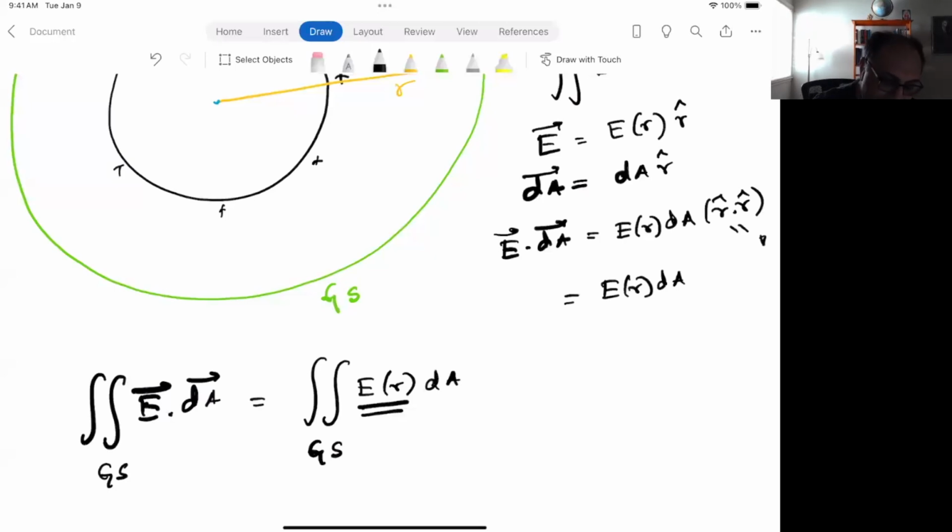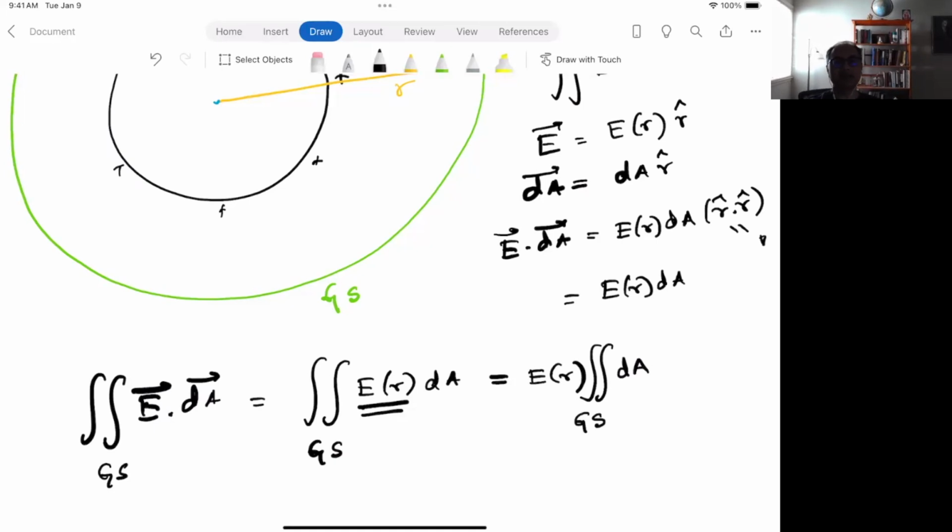Because we are evaluating it over the surface of a sphere, I can just pull out the E of R because it has a fixed value for that particular R. So it's a constant as far as this integral is concerned. I can just pull it out. And so I have E of R, and then I have to integrate dA over the Gaussian surface.